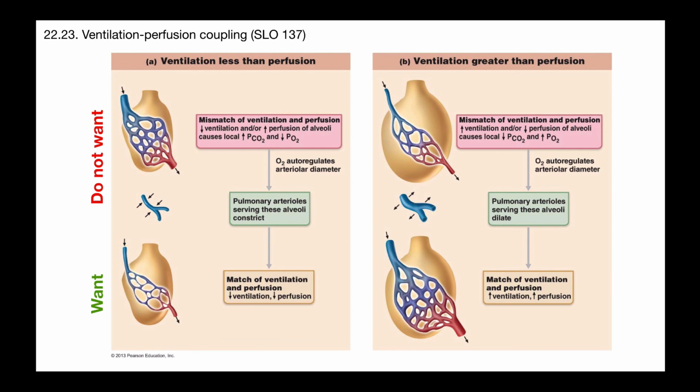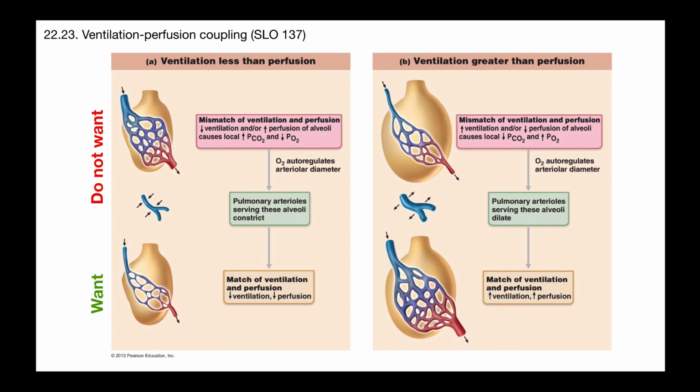So if you're only doing shallow breathing, you're going to tend to have low perfusion in order to match those two. On the other hand, in the right column, when you have a lot of ventilation and the alveoli are really expanded, that's locally going to cause a really low partial pressure of carbon dioxide and a high partial pressure of oxygen, and that's going to do the opposite, causing dilation of the capillaries going there.